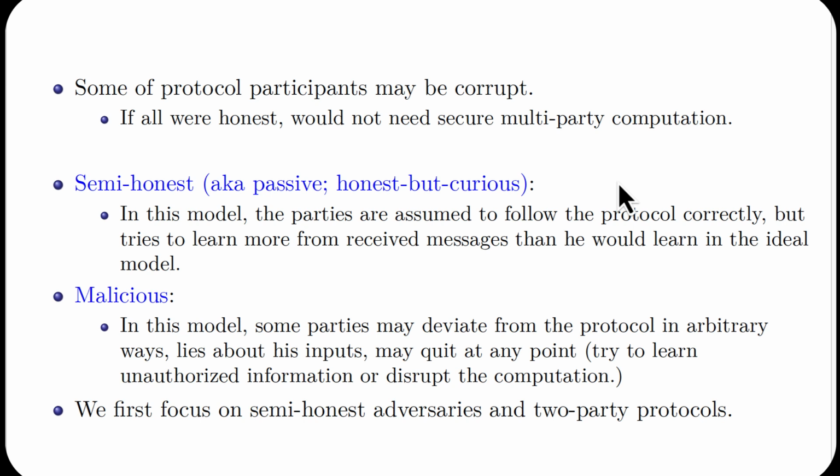But based on the output that I have and the messages exchanged, I will do my best to get the private information associated with the other party. Still, these are passive attacks. I'm not going to come up with a fake message, I'm not going to cheat, and I'm not going to lie about my input and output.